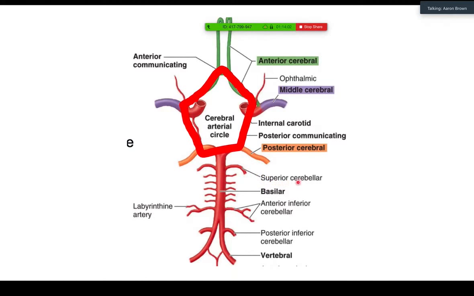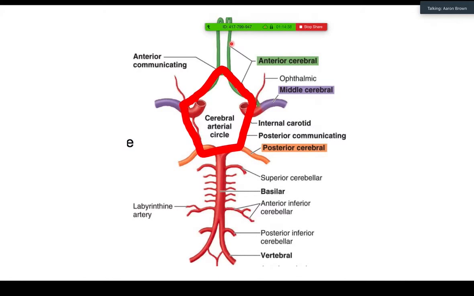You can see that it gives a lot of branches to our cerebellum. Okay, and we're going to talk about strokes in our superior cerebellar, our anterior inferior cerebellar, our posterior inferior cerebellar. Strokes in any one of these arteries is going to present in a different way. Moving back up to the front of our circle of Willis, we have a branch from the middle cerebral, which is our anterior cerebral artery. It gives all of that blood supply to the parasagittal region, right?